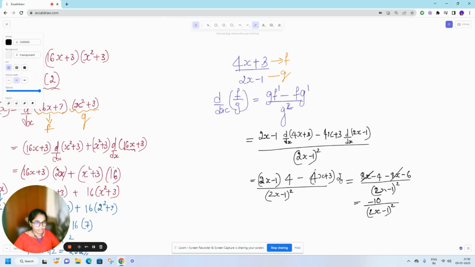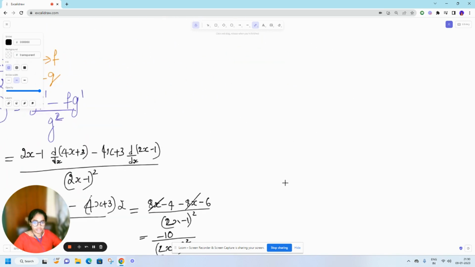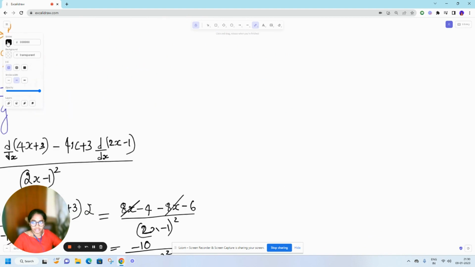Moving on to our next question, find the derivative, that is d by dx of square root of x divided by x cube plus 4. How do you find this? What does the quotient rule say?